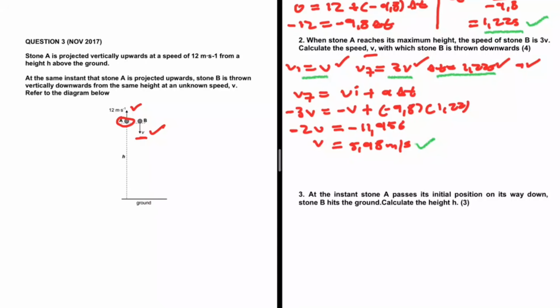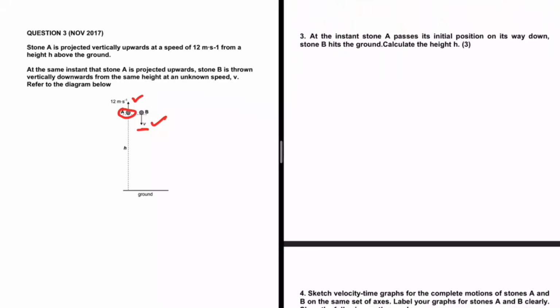Okay, the question that follows, question 3. At the instant stone A passes its initial position on its way down, stone B hits the ground. Calculate the height h. We're supposed to calculate the height h. Right, so let's see.